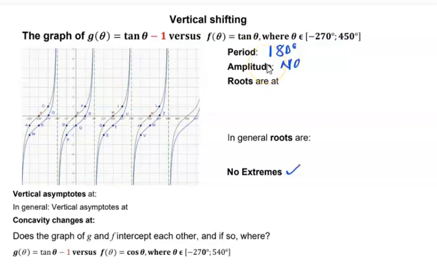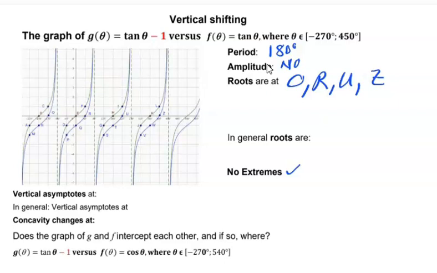If we look now at the roots, we see that the roots are now at O, R, U, and Z, because this is where this graph intercepts the horizontal axis.